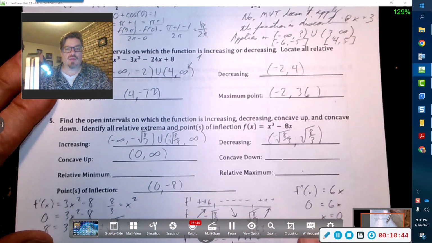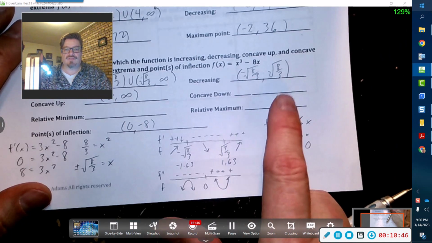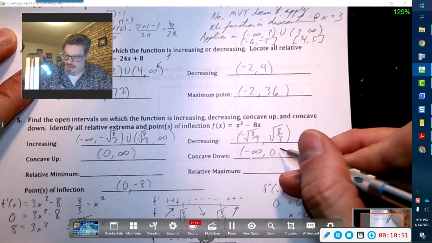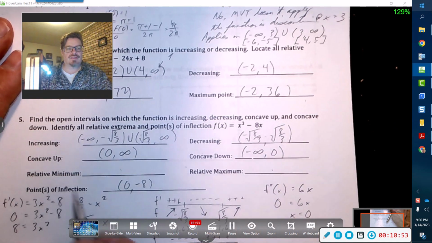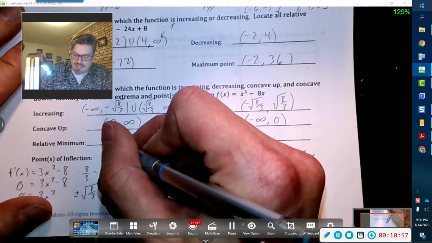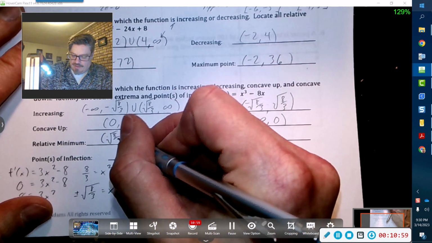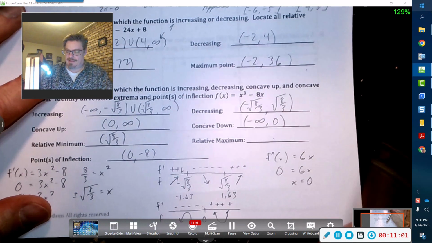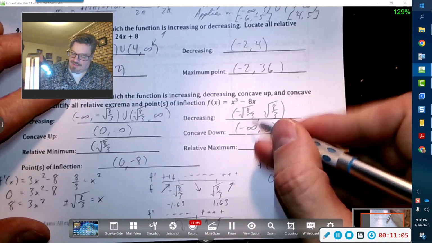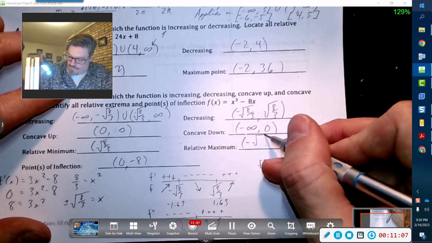Concave down would be negative infinity to 0, because that's when it switches over to concave up. Then the relative min is going to be at positive radical 8/3. I don't know what that value is yet, so I don't know why I closed my parentheses. And the relative max is at negative radical 8/3.